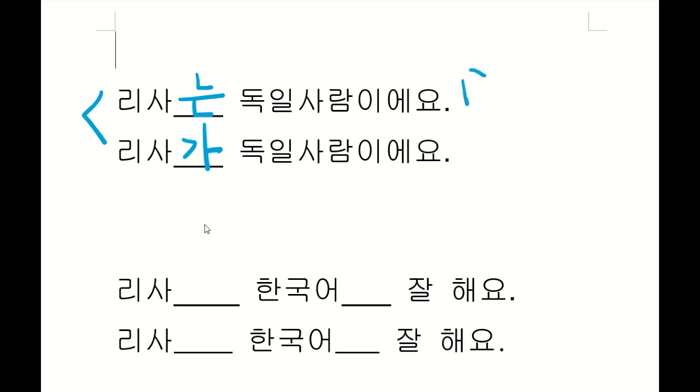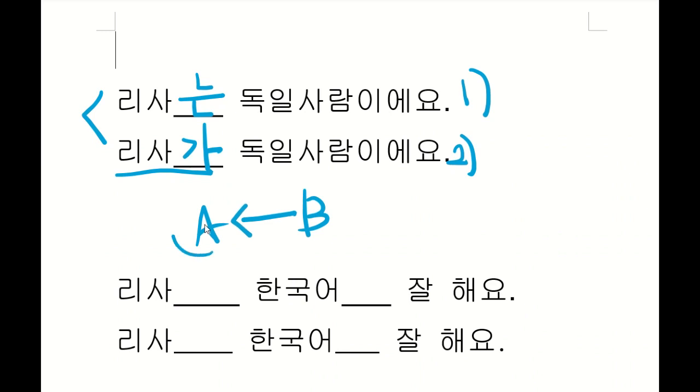So the first one is a general fact. 리사는 독일 사람이에요. So Lisa is German. But the second one, someone asks, is there anyone who is German here? Who is German here? Then I say, oh, 리사가, I'm pointing out Lisa, and then, oh, 리사가 독일 사람이에요. Oh, Lisa is German here.